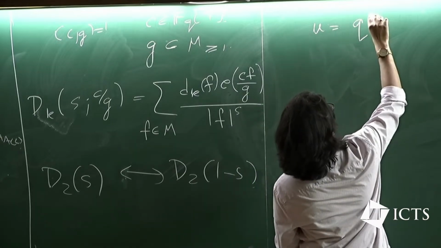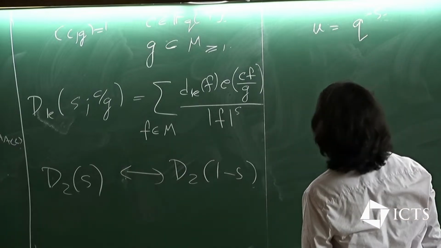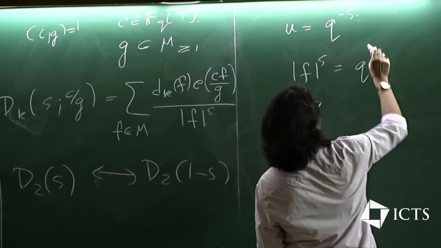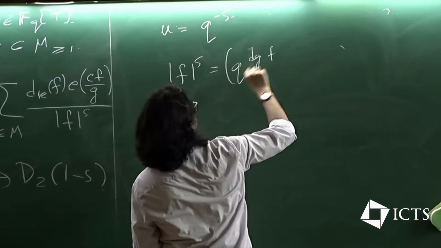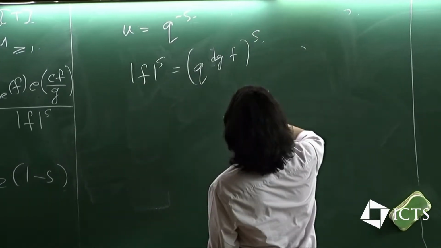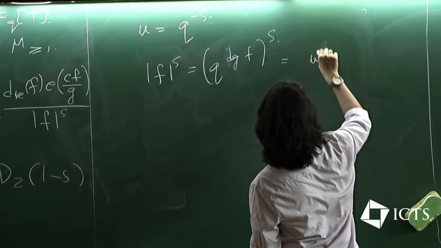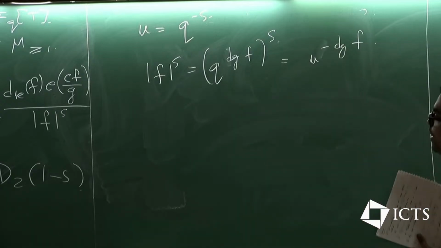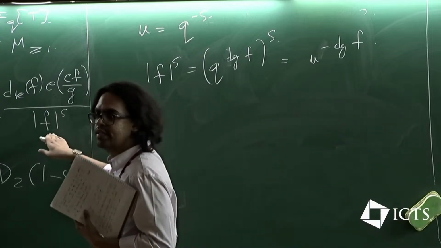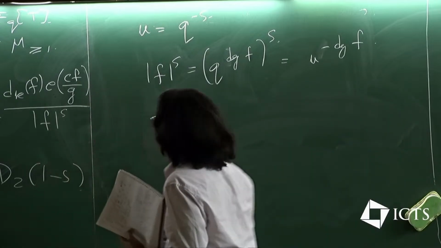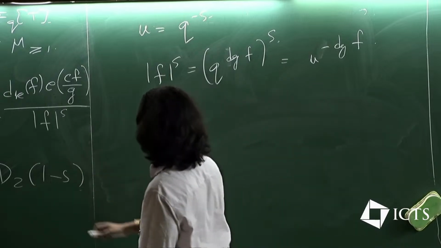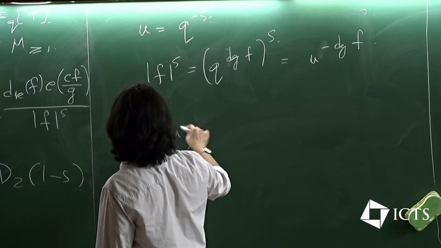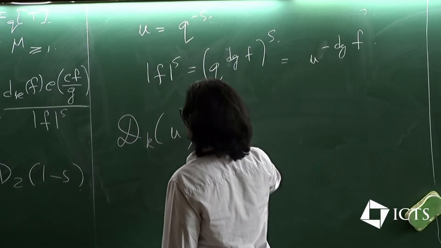If you set u equals q to the minus s, the size of f to the s is q to the degree of f to the s, and this will be u to the minus degree of f. Okay, so even though this looks like a Dirichlet series, it's really a power series in q to the minus s. And so if you make that change of variables, I'm going to change d to script d to indicate that I'm now thinking of it as a function in u instead of s, then the definition is the following.